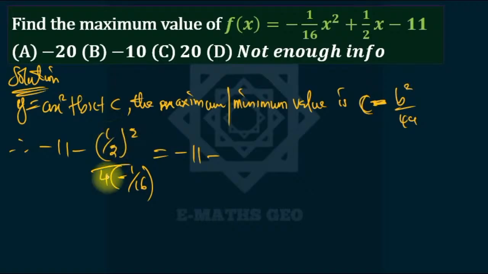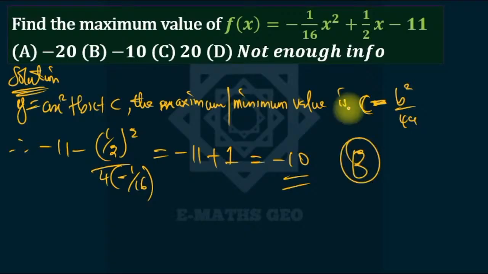This is also minus 1 over 4. So 1 over 4 divided by 1 over 4, we are left with 1. Minus divided by minus is plus. So our answer is minus 10. That's option B. So that's the formula for the maximum or the minimum value of a quadratic function.